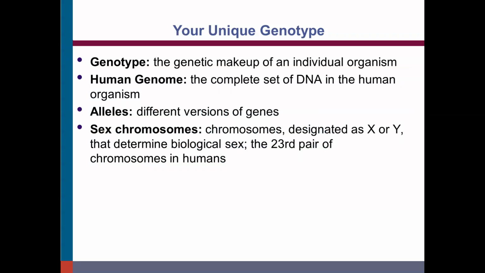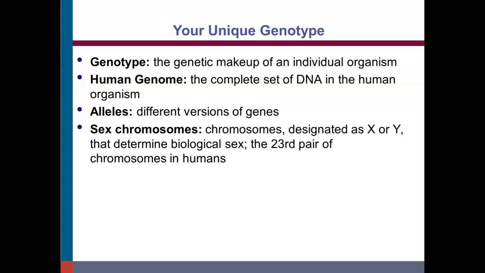Okay, so just as a gentle reminder here, we use the term genotype. I put this on here a couple times because this is an important term. A genotype, remember, is our genetic inheritance. It's the genetic makeup of each individual organism. And then the human genome, right here, this term genome, well, that's the complete set of DNA that each human being has.